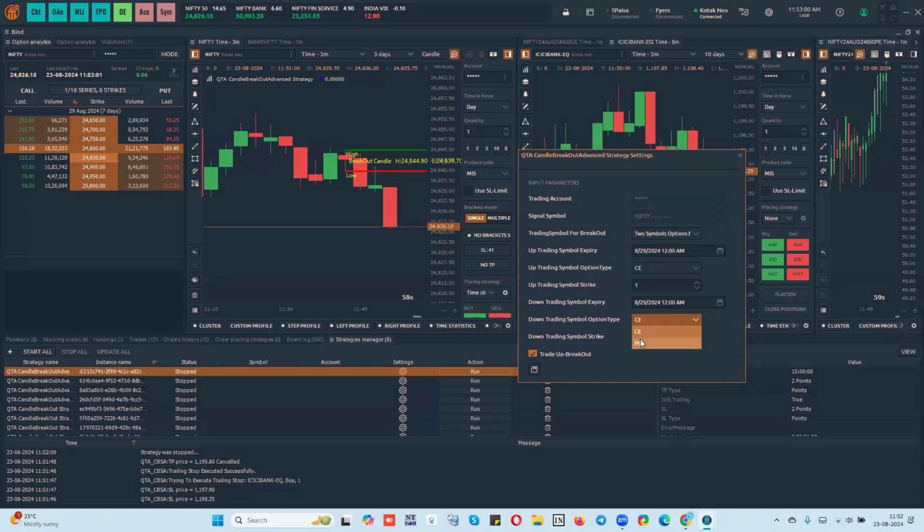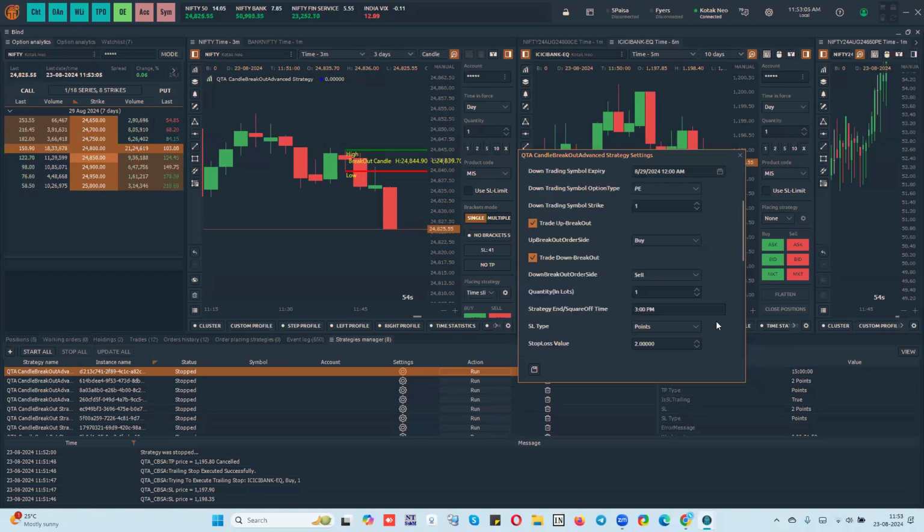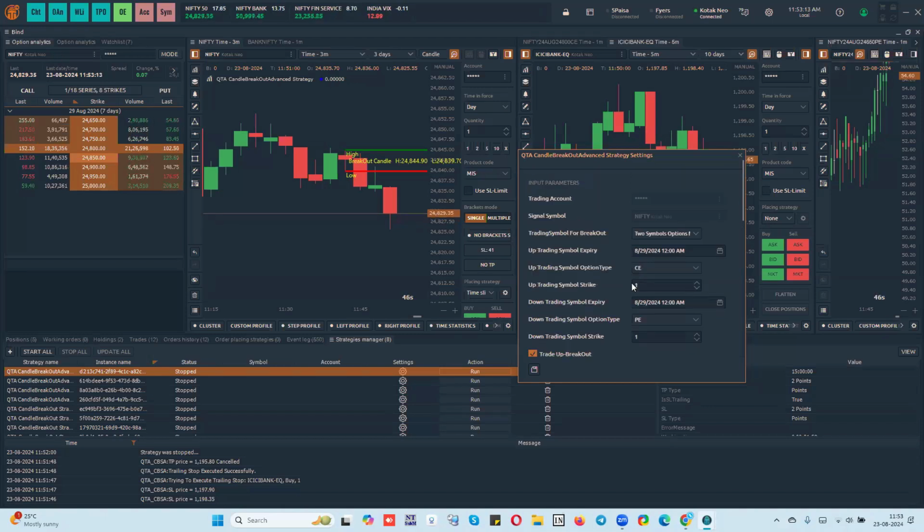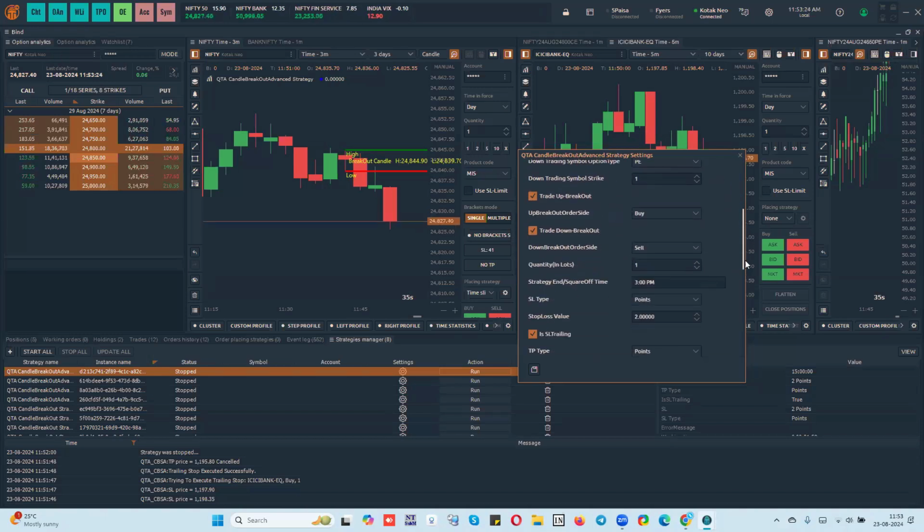Again, in this case, I'll do the put option, again one strike out of the money. Here I have the option of what I want to do with the up breakout and down breakout. In both cases, I'm buying: the call option one strike out of the money, and the put option one strike out of the money.